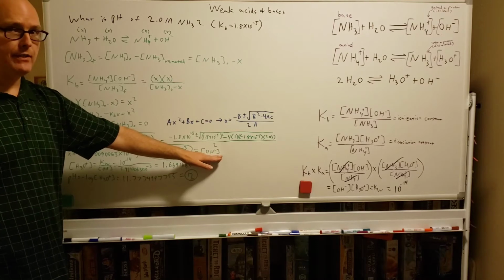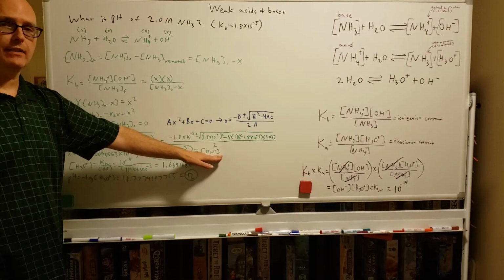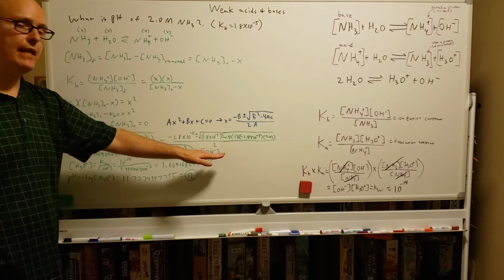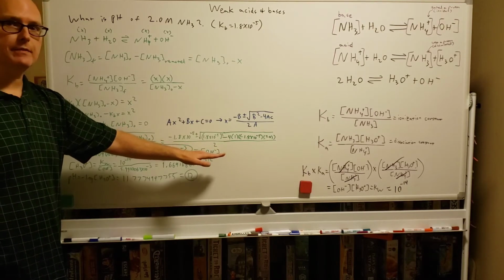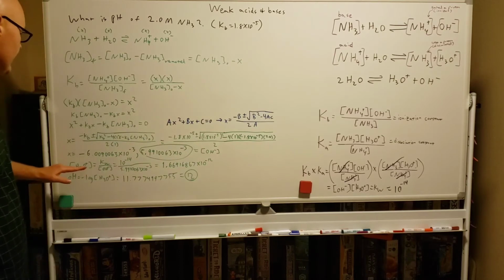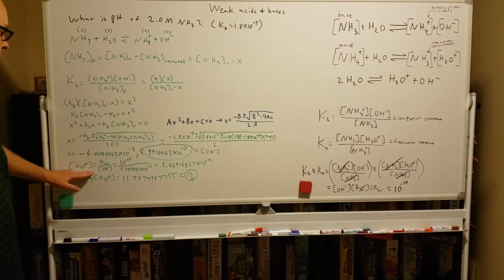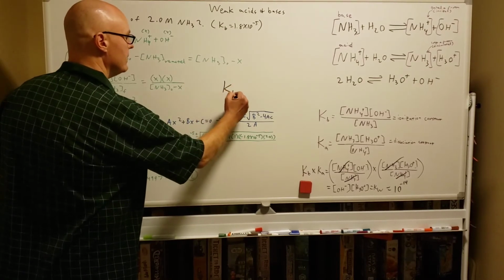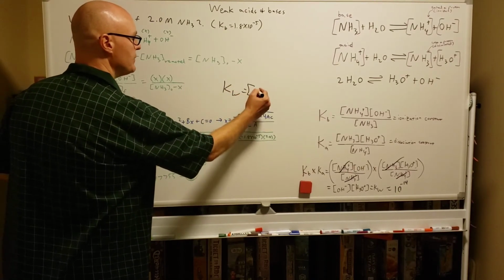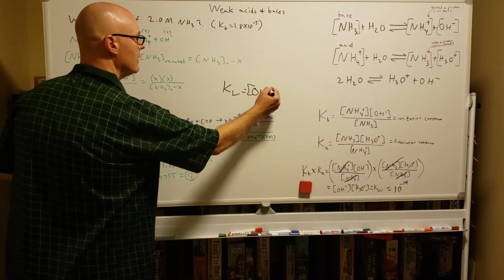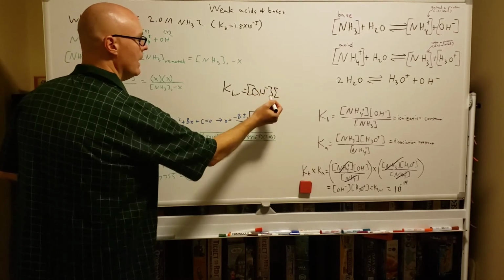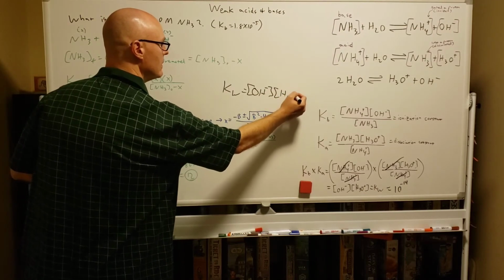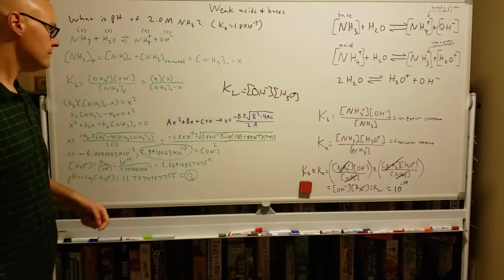This won't give me pH. I have to use the autoionization constant in order to get the hydroniums, because pH is based on hydroniums, not hydroxides. So I use this expression: the autoionization constant is equal to the concentration of hydroxide multiplied by the concentration of hydronium.